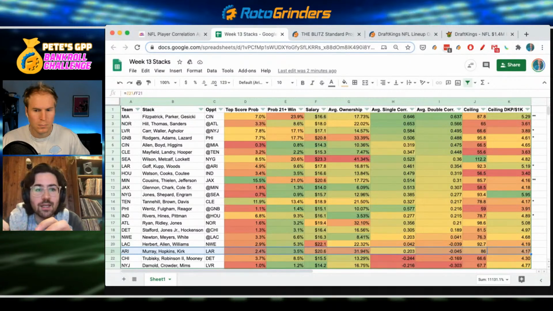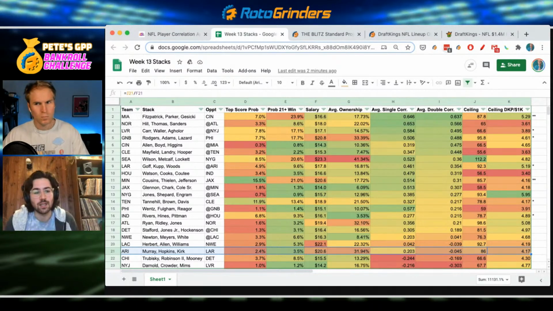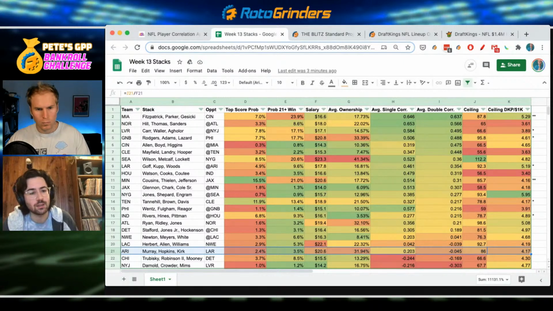That doesn't mean they can't both get there, but you're going up against pretty long odds for them to get there together. I think it makes more sense to pick one of Hopkins or Kirk and not force them together, because so far this year they haven't shown the ability to go off in the same game. So that's something I'm looking at.